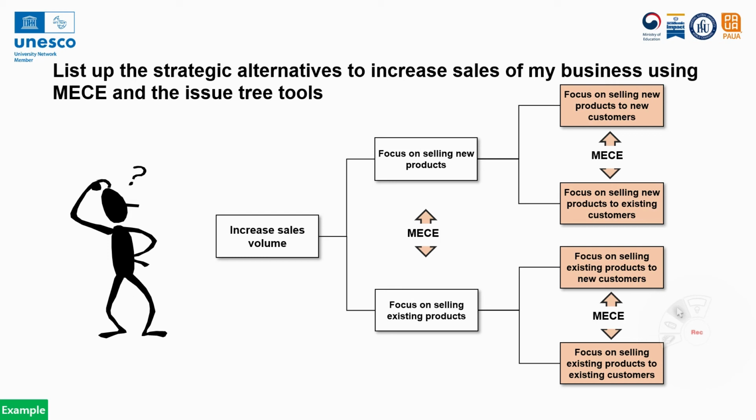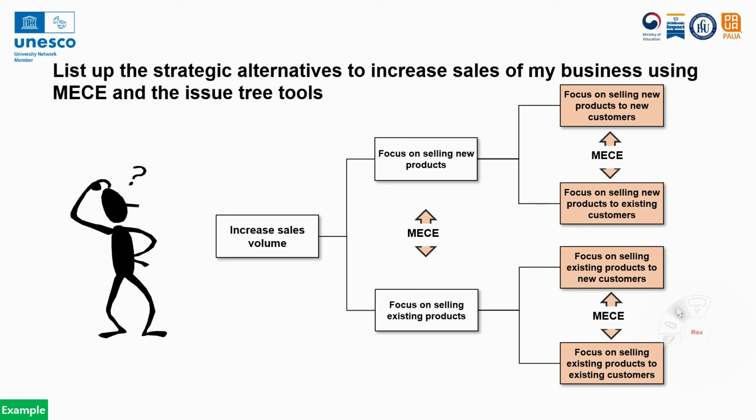One is focus on selling new products to new customers, and the other is focus on selling new products to existing customers. So selling to new customers and selling to existing customers are mutually exclusive options, and also those two options are sufficient to cover the entire issue of focusing on selling new products.